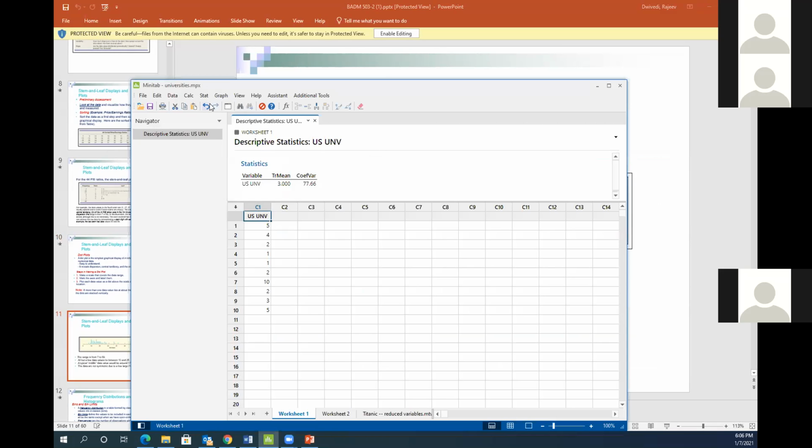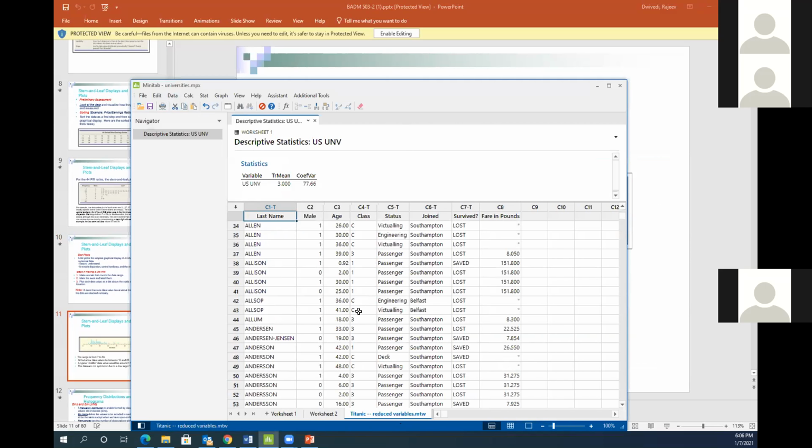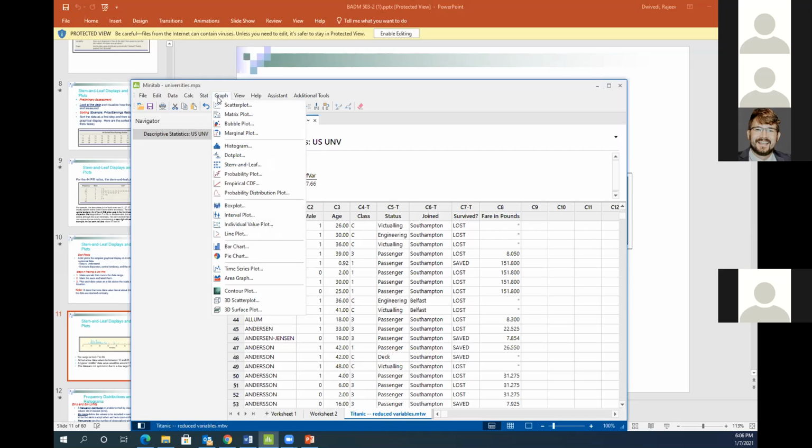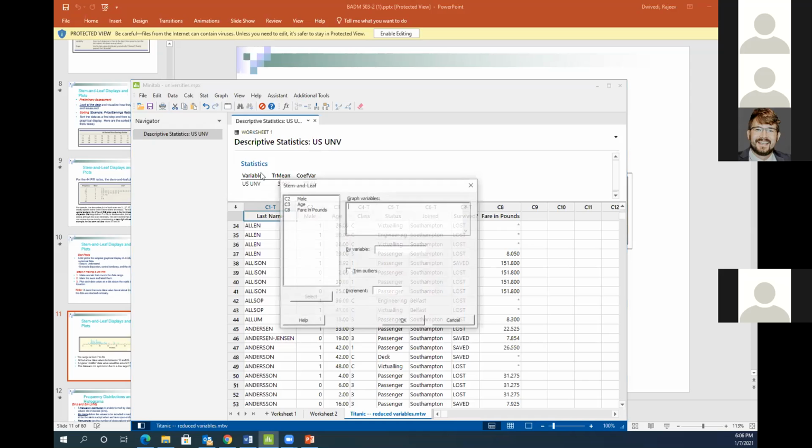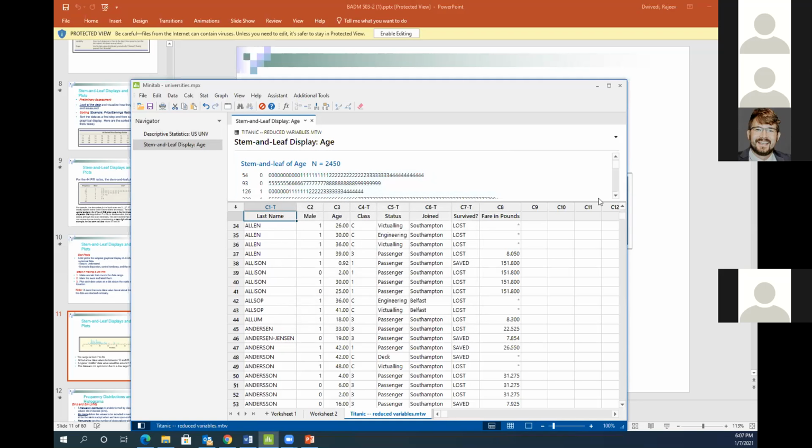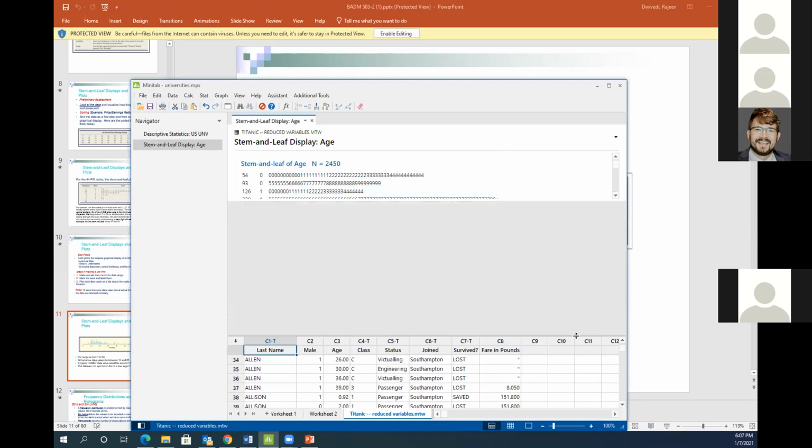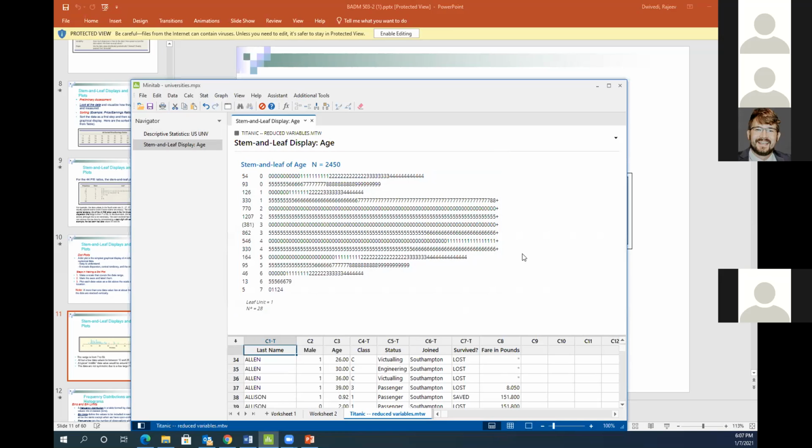Okay, I think you can see my screen. Minitab. Yeah, I can see it. Okay, so what is happening here? Let me graph. We have stem and leaf. So I'm just going to put age. You can see this is the stem and leaf of age, N is 2000, 28 are missing.